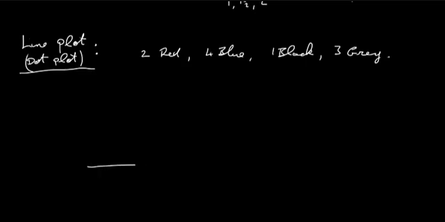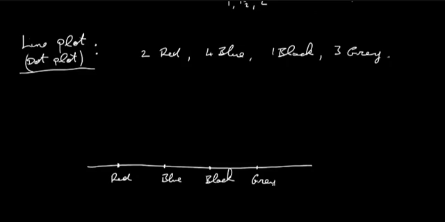Generally what you would do is draw a line like this and put in your colors here. Let's say red will go in here, blue here, black here, and we'll put gray here. The way it works is that you would put one dot or one little X for each red car, each blue car, each black car, and each gray car. We have 2 red cars, so we would put an X here and an X here.